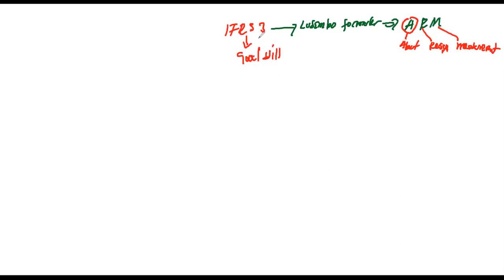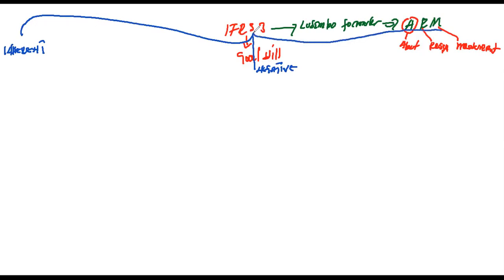Now, I want to split Goodwill into 3 as the IFRS 3 requirement. So Goodwill is in 3 parts. The first one is called inherent goodwill, and then there is negative goodwill, and then there is purchased goodwill.